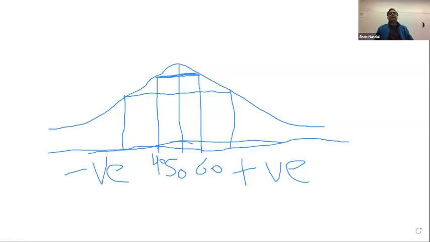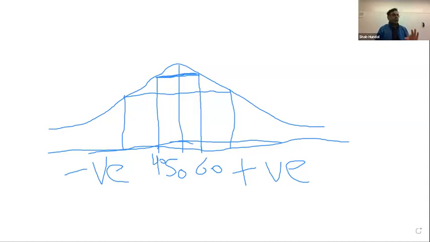In a normal distribution, if I have 10 students in the class and the average marks are 50, it means there should be one student who got 60 and one who got 40, one who got 70 and one who got 30, and so on. But do we have marks like this? Reality could be different.